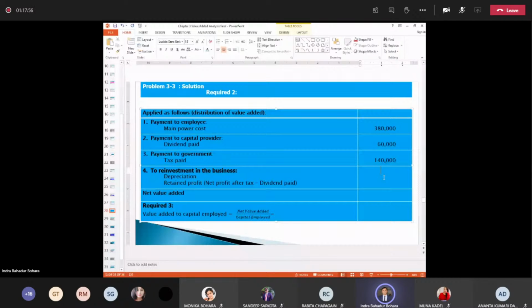Now you are given net profit after tax, and net profit after tax is not retained earning, because out of net profit after tax, the company distributes the dividend. We already studied in the second semester how to calculate the ending balance of retained earnings: beginning balance of retained earnings plus net profit minus dividend paid. But we are not given the beginning balance of retained earnings.